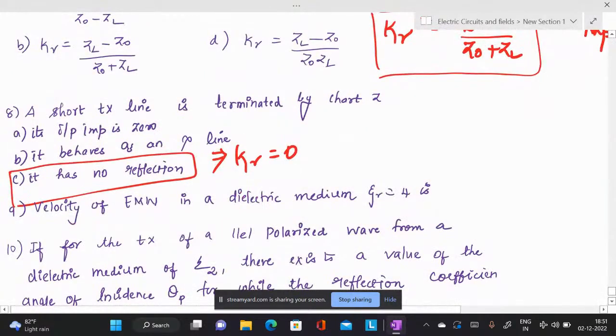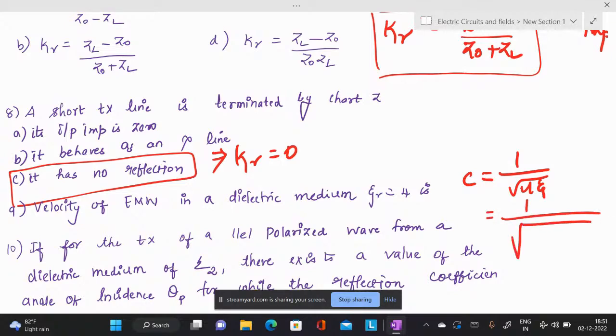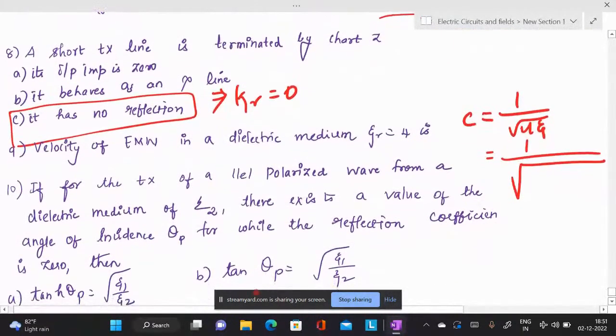So the velocity of electromagnetic wave is given by C equal to 1 by root of mu into epsilon. So 1 by root of mu can be written as mu naught mu r epsilon naught epsilon r. Okay? So for a medium of epsilon r 4, mu r will be 1.